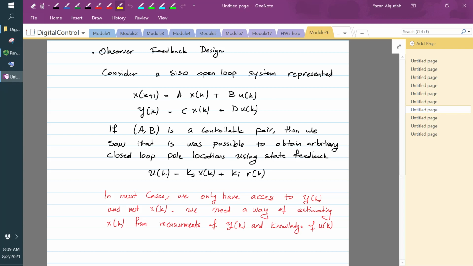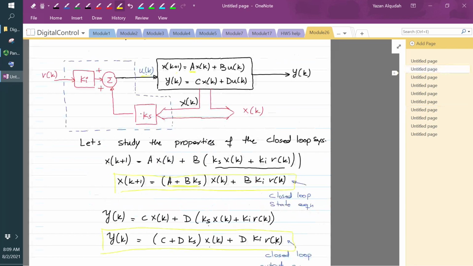I have to have sensors that measure all the states in the system, because this is part of the feedback that we're going to be using. I'm using x of k, and I need access to all the states of the system in order to be able to apply this feedback.